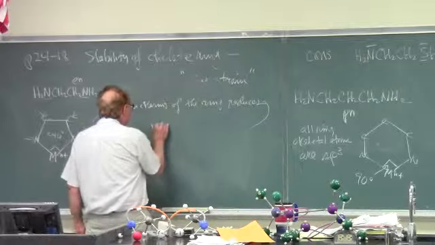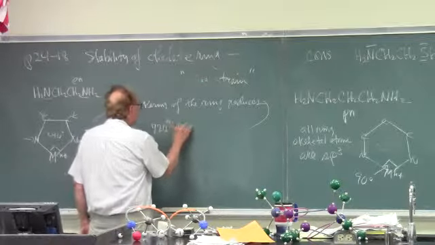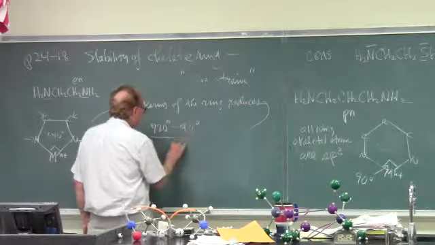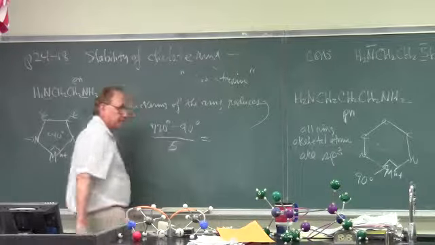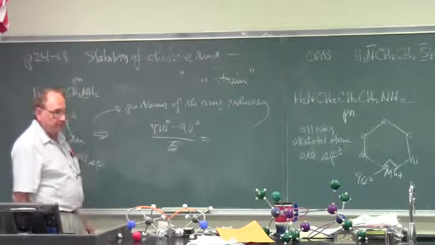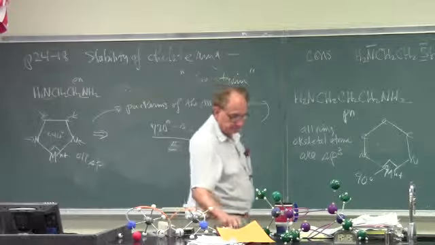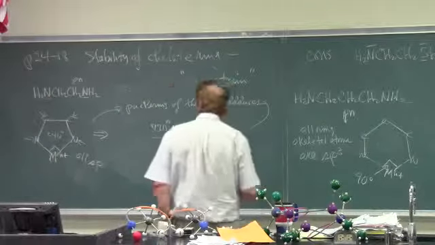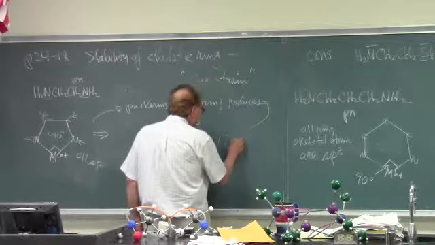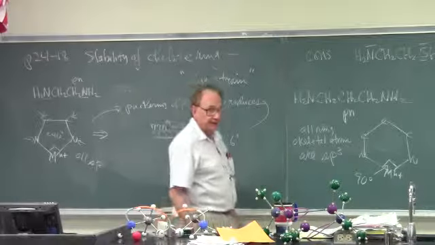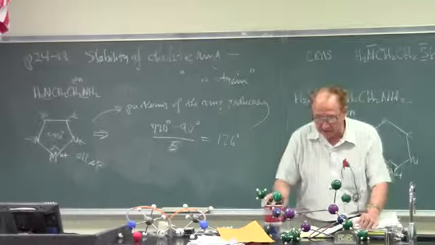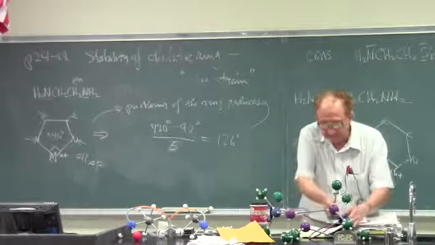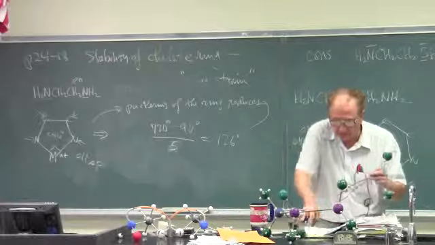So we'll go with 720 less 90 divided by 5 this time. All right? What's that give us? 126. Now that's a good deal larger than 109 degrees. That would lead to ring instability. But let's make the model and see what in fact we do have.